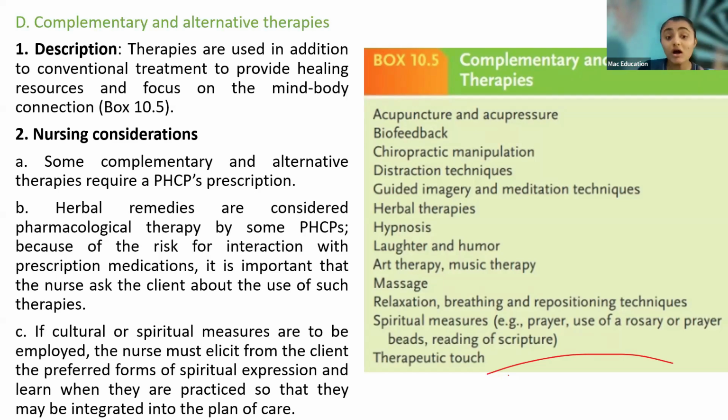Herbal remedies are considered pharmacological therapy by some PSCP because of the risk of interaction with prescription medication. It is important that the nurse asks the client about the use of such therapies. We know herbal therapies are considered pharmacological therapies. Why? We have already completed this in pharmacology. Because there are chances of drug interaction.